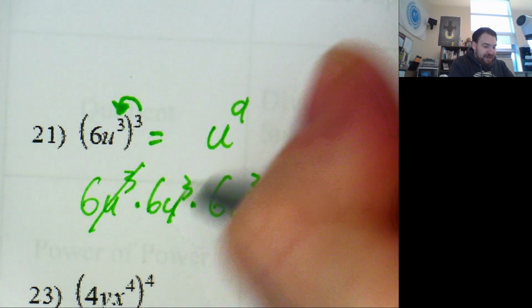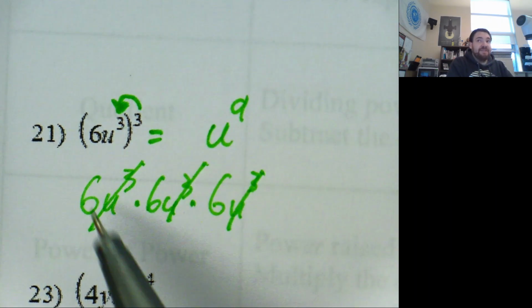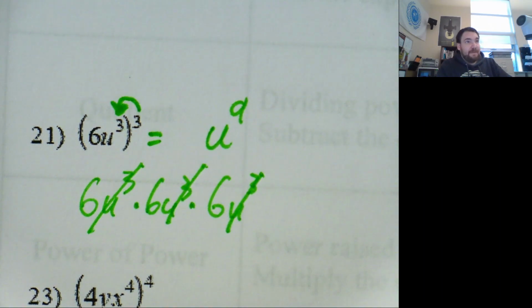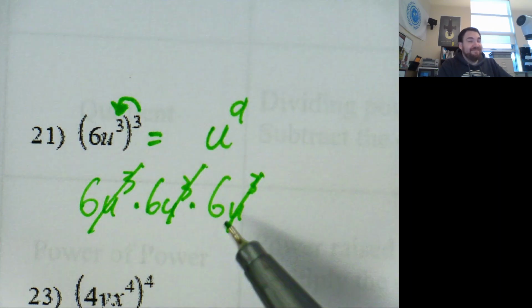The u cubeds are done. That's how I got the u to the 9. What's going to happen at the 6? Times 6 again. Times 6 again.